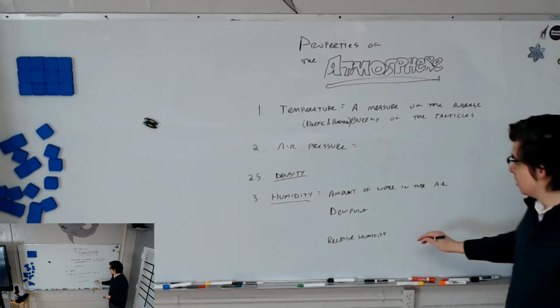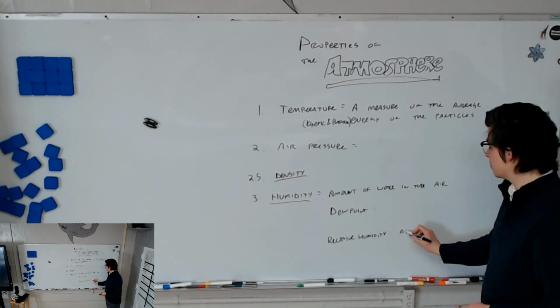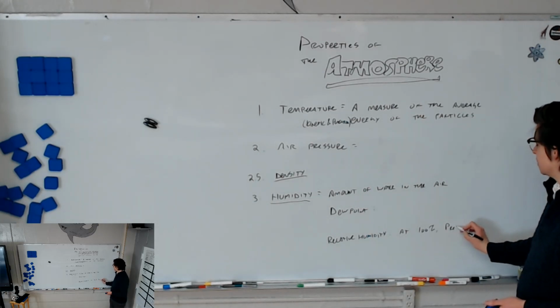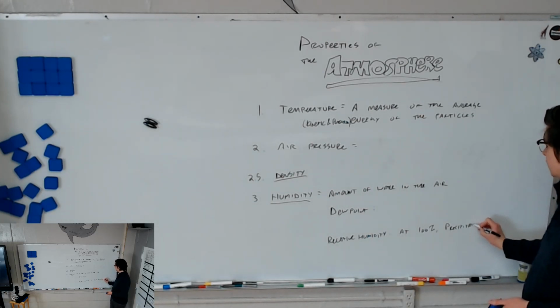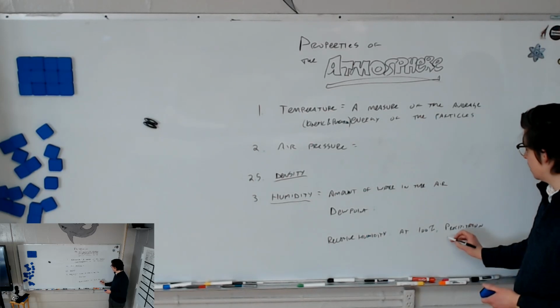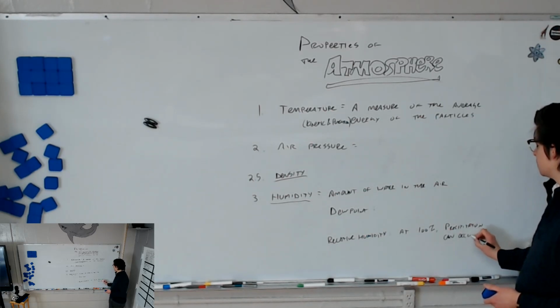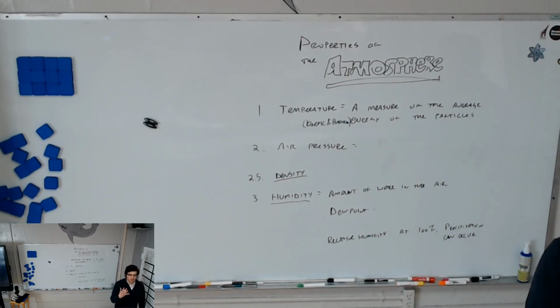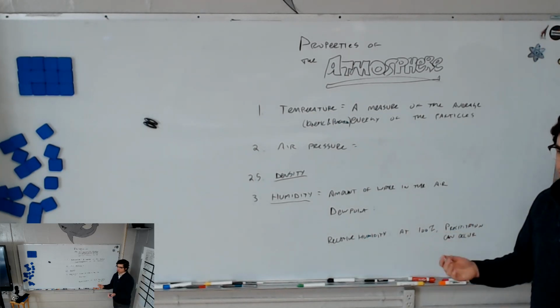At a relative humidity of 100%, precipitation can occur, because there are some other things that come into play there, and it also can occur lower than 100%. But basically, at 100%, the air is holding as much water as it can. There's a maximum amount of water the air can hold, and at 100%, obviously it's holding as much as it can.